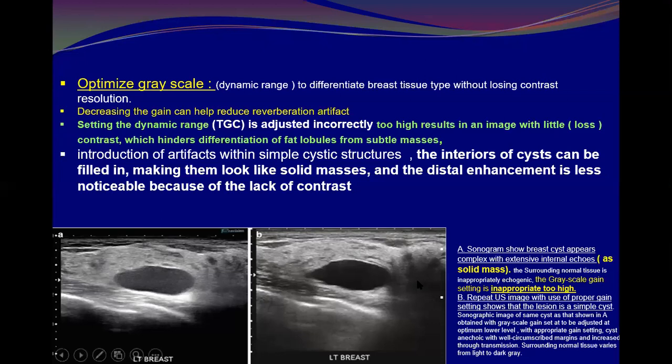When the gray scale is optimized, it will become anechoic, because we have to refer to the medium gray of the fat. You got it? So we have to adjust the time gain correctly so as not to lose the contrast.